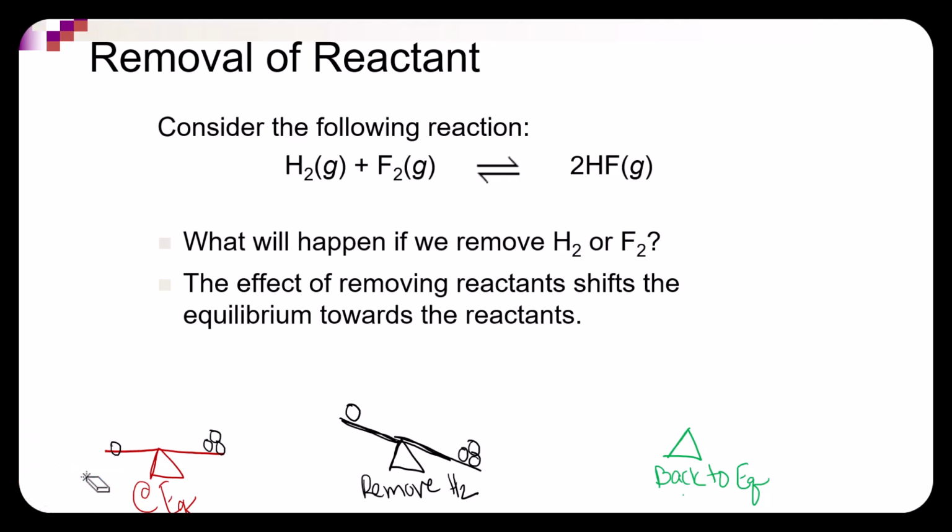So what are we going to have to do to alleviate this stress? We have to make more of our reactant. It's going to push back towards the reactants. So to get back to equilibrium, we make more reactant. So the effect of removing reactants will shift the equilibrium back towards the reactants.